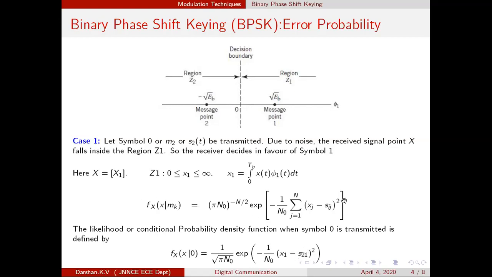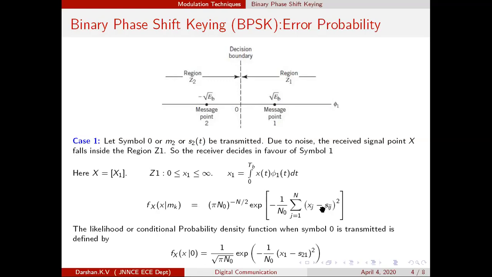The formula has been given in the discussion of conversion of AWGN channel to vector channel. So the same formula has been taken. It's very simple to remember. Fx of x given mk, pi n naught to the power of minus n by 2, exponential. This is the sigma, the sum of xj minus sij whole square, over all elements in the message vector and the received vector.